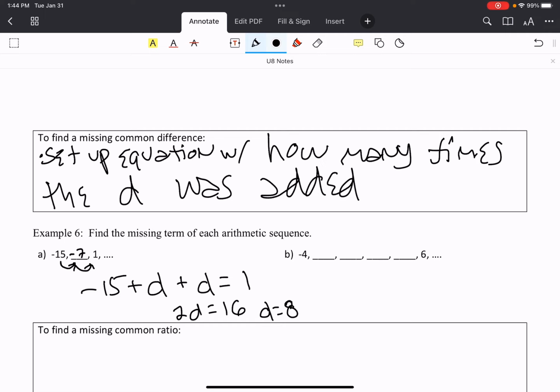So how many times was the D added on this one? 1, 2, 3, 4, 5, right? Everybody okay with that? So 4 plus 5D is 6.